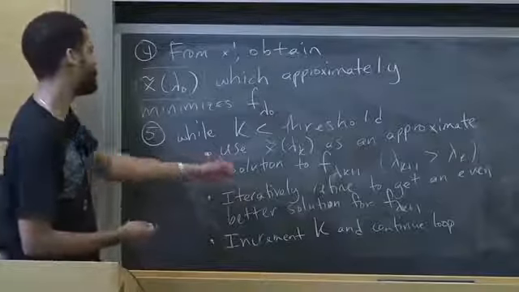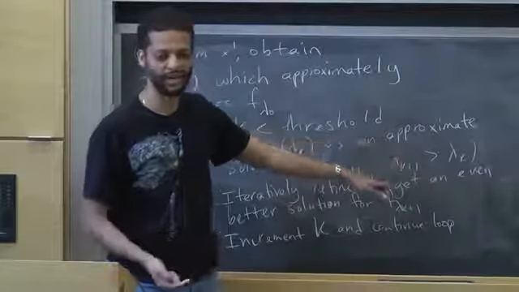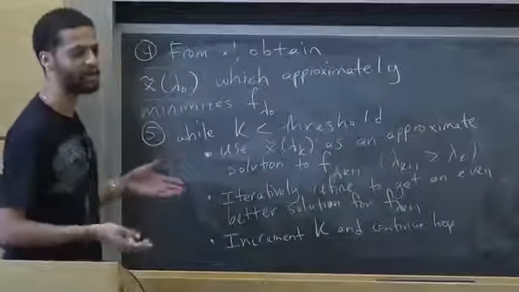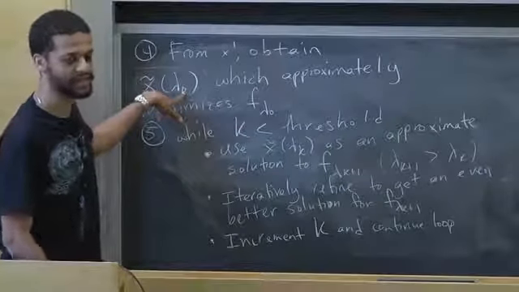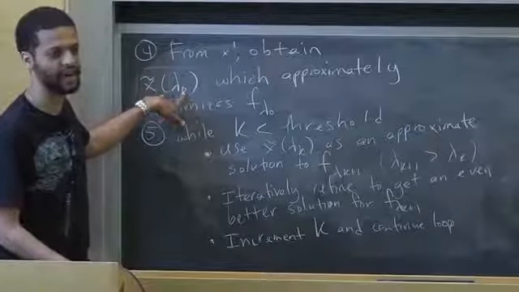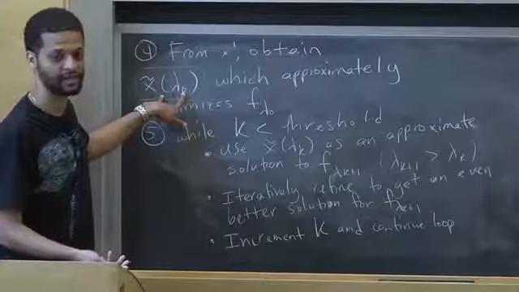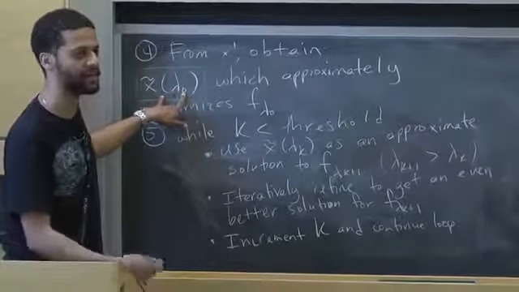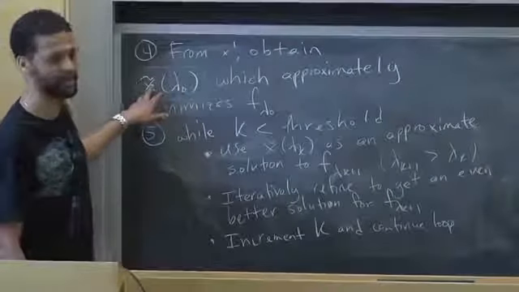So the point is, if we didn't increment lambda by much, if lambda 1 is very, very close to lambda 0 but slightly bigger, then by some continuity argument, an approximate minimizer for f lambda 0 will still be an approximate minimizer for f lambda 1. Not as good an approximate solution, but still some level of approximation. And then we can apply some iterative algorithm to gradually refine it and make it a better approximate solution to f lambda 1. And then that will give us x tilde lambda 1.